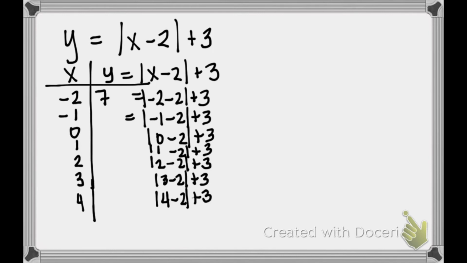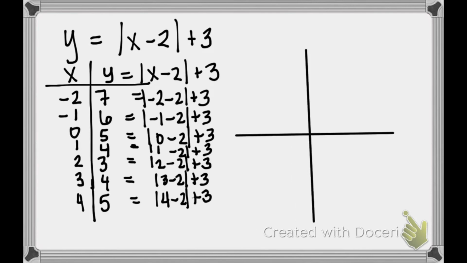Negative 2 minus 2 is negative 4, when I take the absolute value it's 4, plus 3 is 7, and I get 6, 5, I get 1 minus 2, negative 1, so it's 1 plus 3, 0 plus 3, 1 plus 3, and then 2 plus 3, which gives me 5. If I plot those on my axes here, I'm going to go, x goes from negative 2 to 4, y goes up to 7, and negative 2, 7, negative 1, 6, 0, 5, 1, 4, 2, 3.